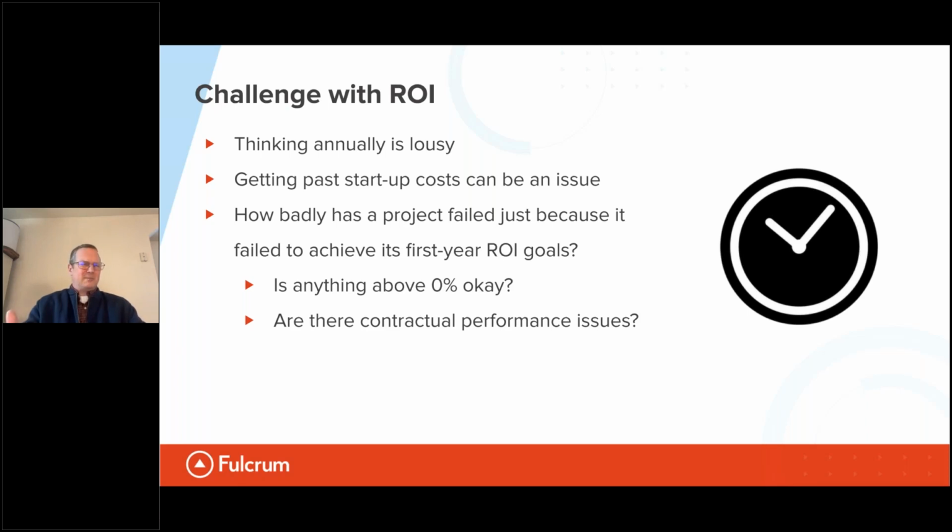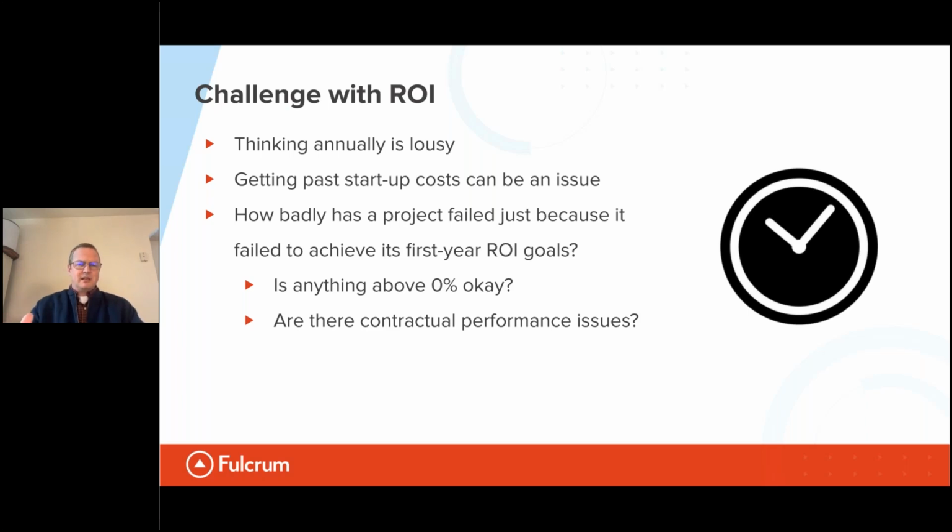So the ROI might not start showing up for a year if you've got a year-long implementation process, or a month if you've got a month-long implementation process. So when do I start seeing that ROI? And we should be thinking about how badly a project has failed just because it failed to achieve its first-year ROI goals.